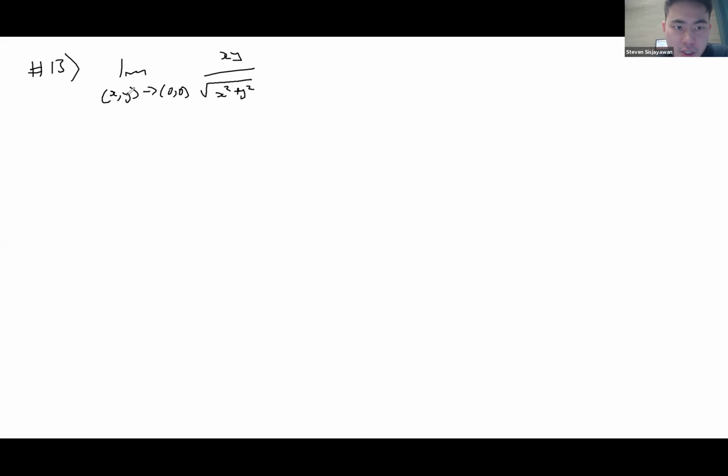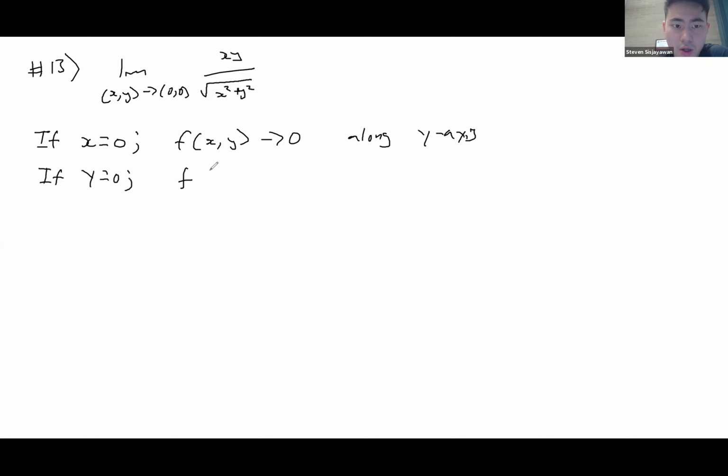So for this case, again, I want to do the same procedure. So I check along the y-axis. So that's going to be 0, right? It approaches 0 along the y-axis. And yes, it is the same thing along the x-axis.